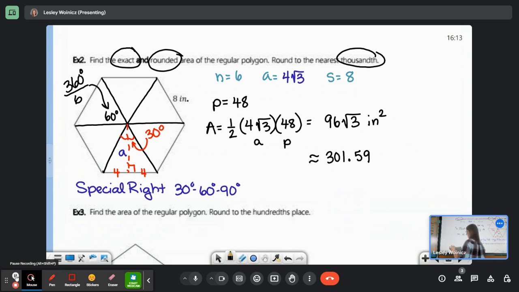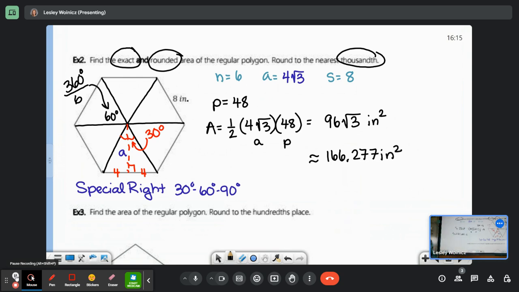Oh, are we doing it without the root 3? Oh, I think I just messed up. I found a mistake in my notes. All right, so I got 166.277 inches squared.